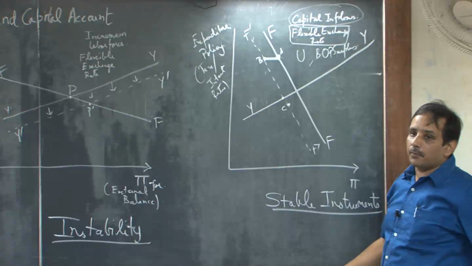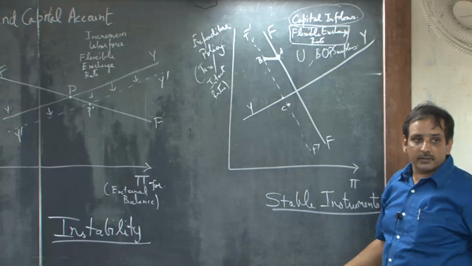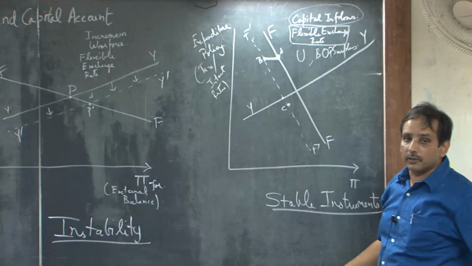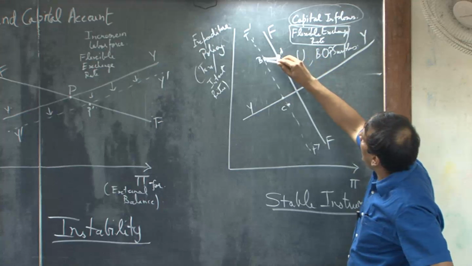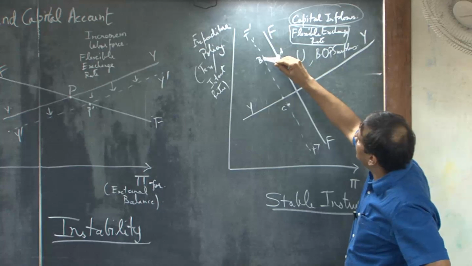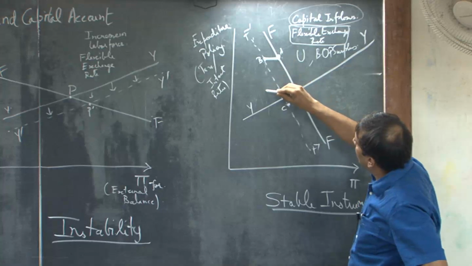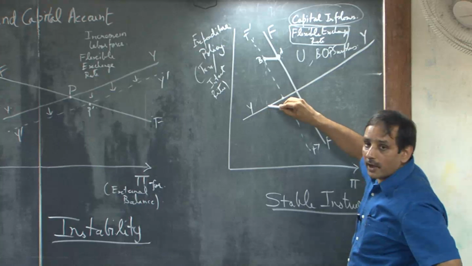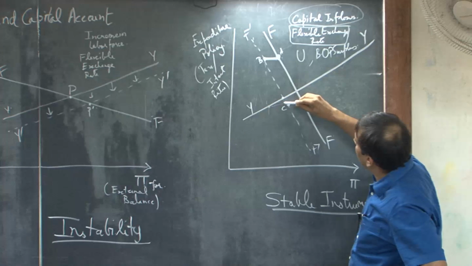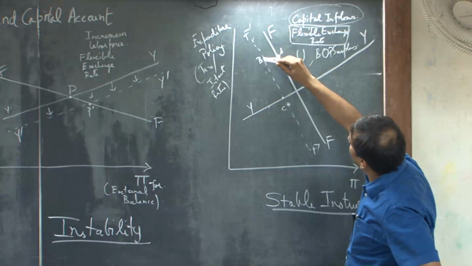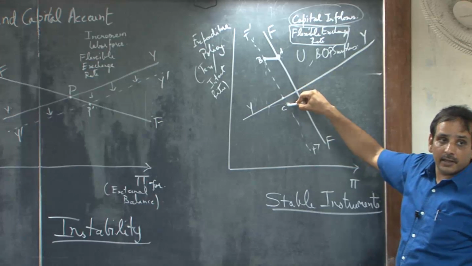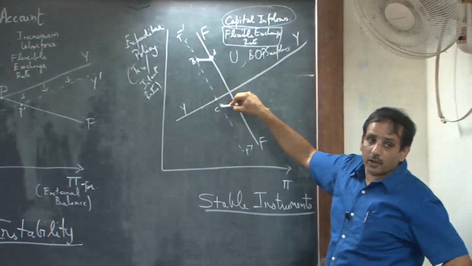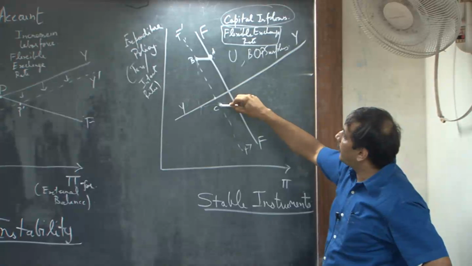So when you have unemployment, you have to adopt less restrictive expenditure policy. Now see the difference between how the economy moved in fixed and flexible. Here the economy will not come to the YY curve, but it will move from B to C directly. Reason being that the economy cannot be off the F dash F dash curve.